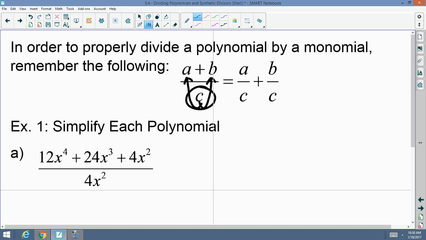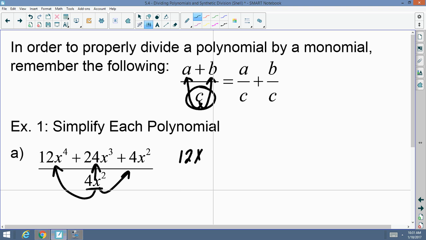When I am given something like this, they say simplify each polynomial, and I have 12x to the fourth plus 24x cubed plus 4x squared divided by 4x squared. What I am literally doing is dividing this 4x squared to every single term. So if you can't see that, rewrite it.